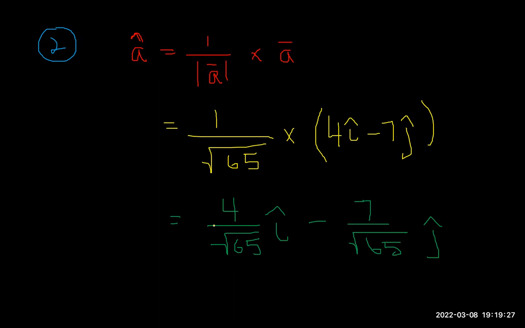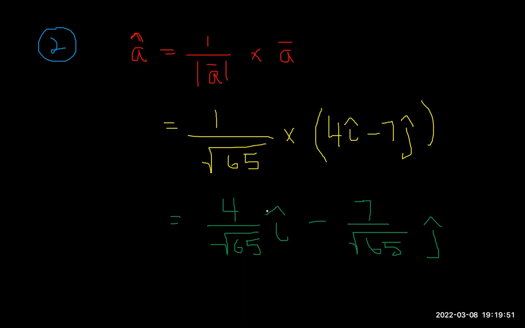So you can find the magnitude of the vector that you got. Since this is supposed to be a unit vector, its magnitude is supposed to be equal to 1. If you check the magnitude and the answer is not 1, then you did something wrong and you need to check over your working.